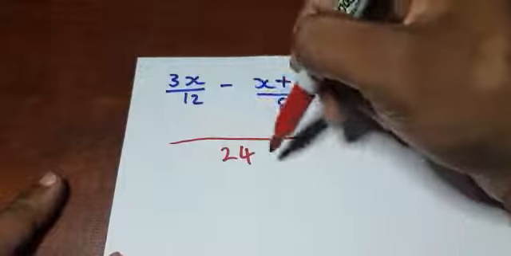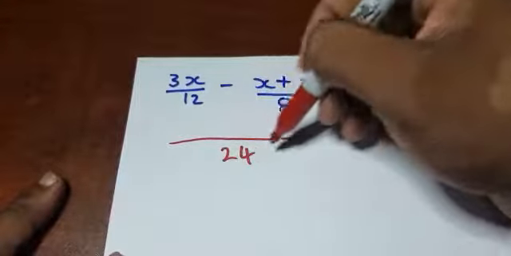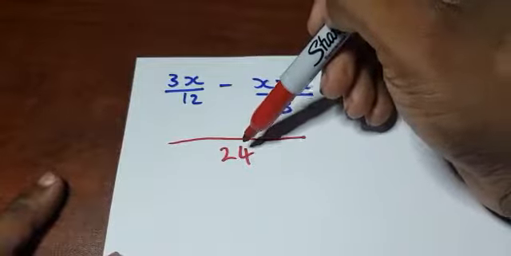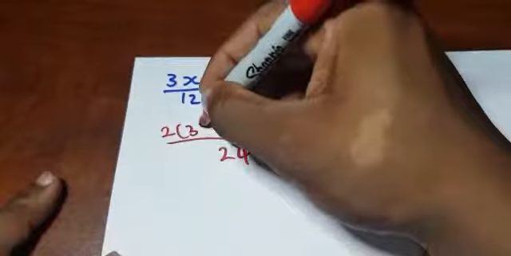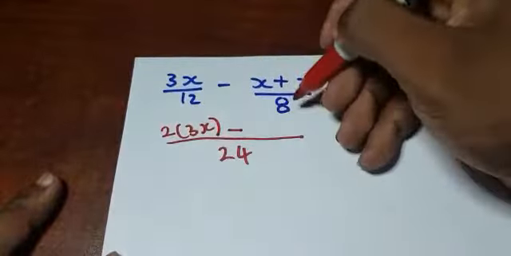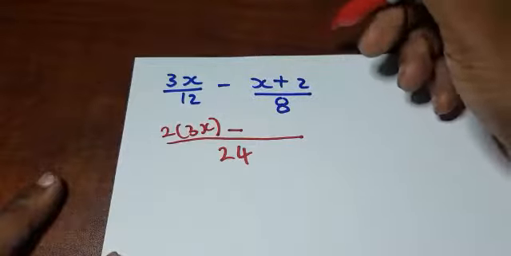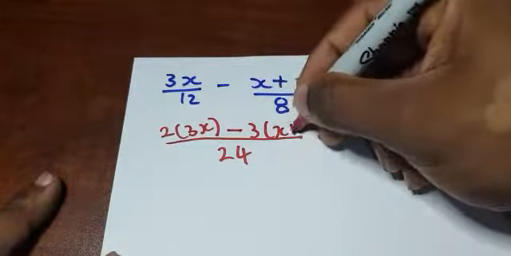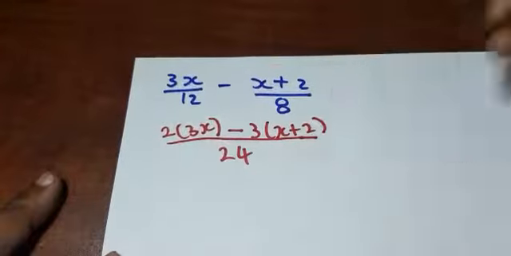Working with this question and working with the 24, 12 into 24 goes 2 times. So you have 2 times 3x. Put back the minus sign. 8 into 24 goes 3 times. So we have 3 times x plus 2. In the next line, we remove the brackets.